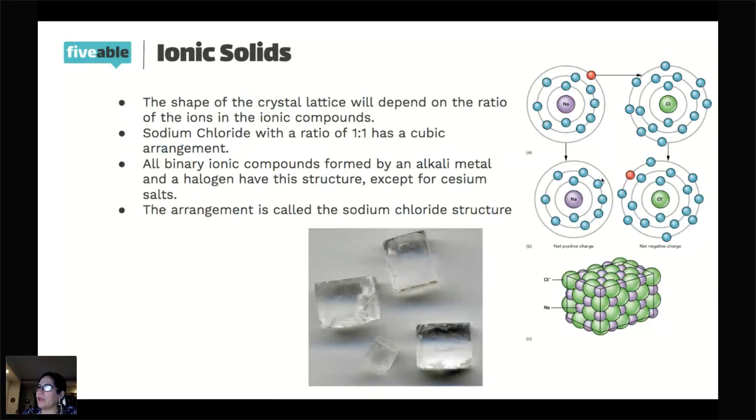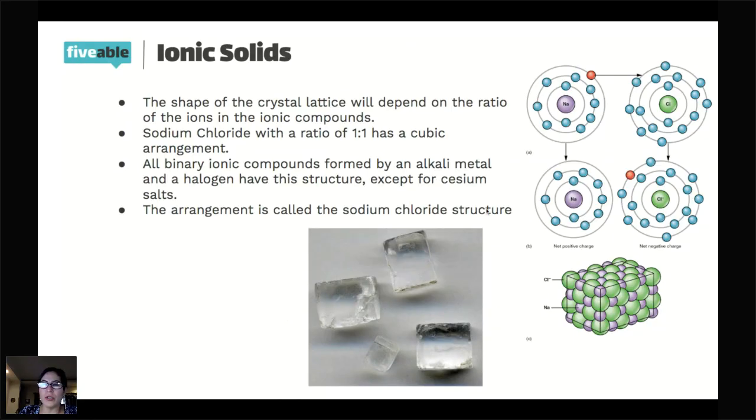So in this structure, you will have a crystal lattice where each sodium ion will be surrounded by 6 chlorine ions in 3D. And the chlorine ions will be surrounded by 6 sodium ions. Why 6? Because we have to think of 3D. With one in front, one on the back, one on the top, one below, and one on each side. So that's why we will have 6 per unit, but in reality, we'll have an overall ratio of 1 to 1.